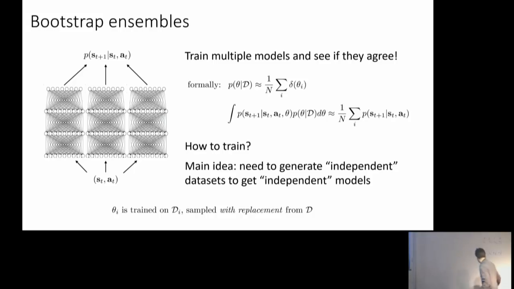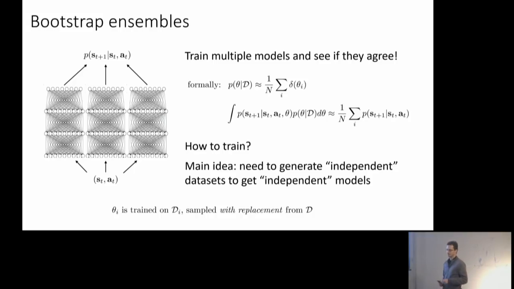So if this is my data, and my model overfits and does this, then a second model, independent of the first, will also overfit, but it will overfit like this. These models will agree near the data points, but they will disagree far from the data points. And that's what we want to see: the models disagreeing far from the data points and overfitting in different ways.